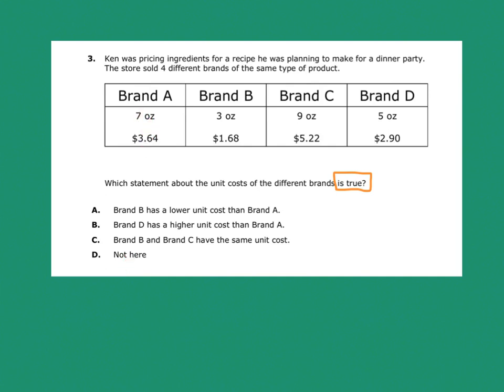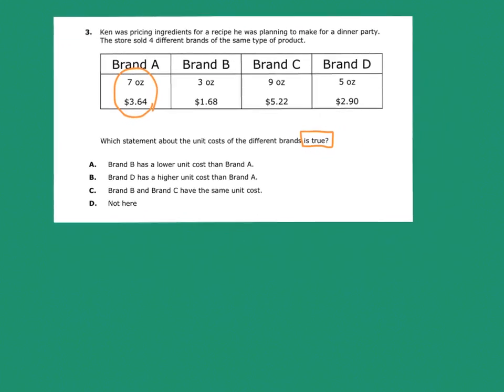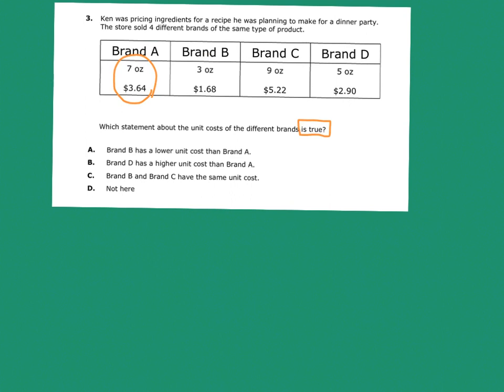So what I need to find out is how much would just 1 ounce be in each one of these situations instead of however many they have. I'm going to take how many are here, and divide to see the value of just 1. My first one is 364 divided by 7. This one's going to be 52 cents.